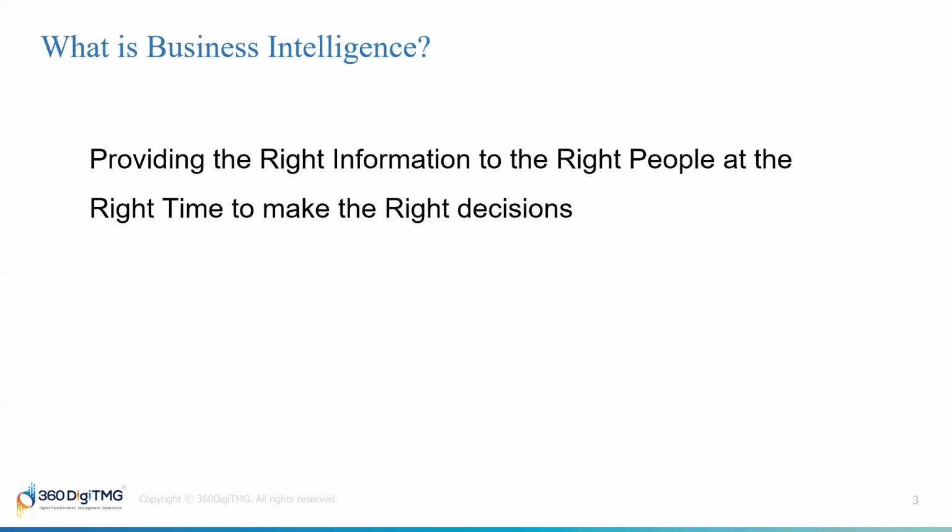When a business is developed, obviously the society at large also improves. The lifestyle of the people who are associated with that business also will improve. So that is why it is very important to focus on business intelligence.